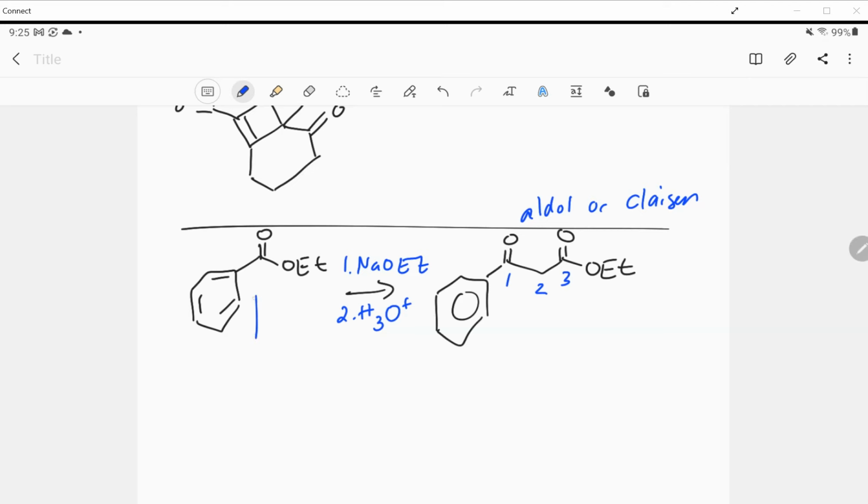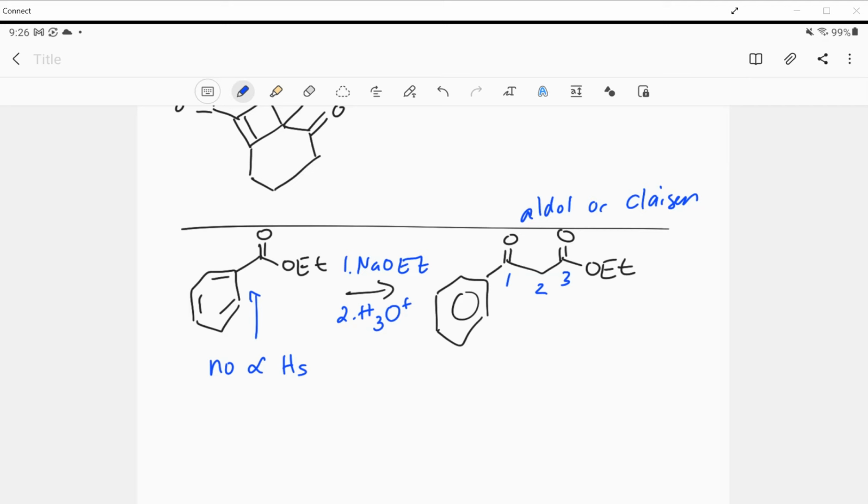This compound here has no alpha hydrogens, right? Because to the left of the carbonyl you have a benzene ring, so there's no protons there. On the right side is an ester, so you have no protons there either. So this has got to be a mixed claisen, because you simply do not have any alpha protons on the left there.